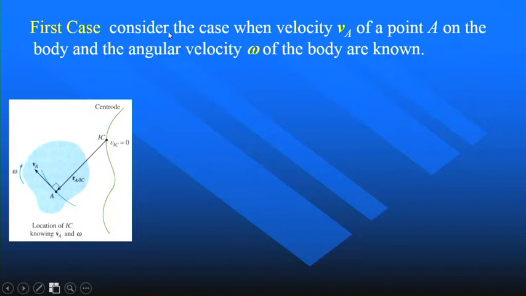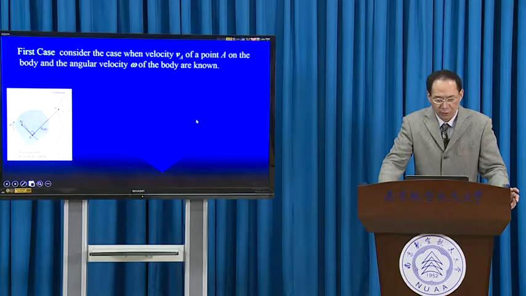So if the velocity VA of a point A on the body and the angular velocity omega of the body are known, so we have known two quantities. One is the velocity, the other is omega. Now, how can we determine the IC based on these two known quantities?